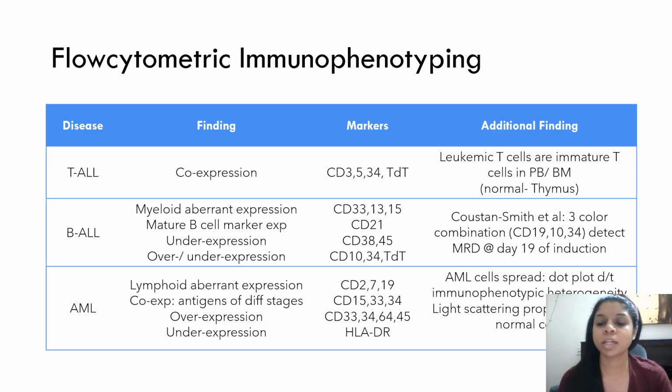Then AML cells spread in the dot plot due to immunophenotypic heterogeneity.